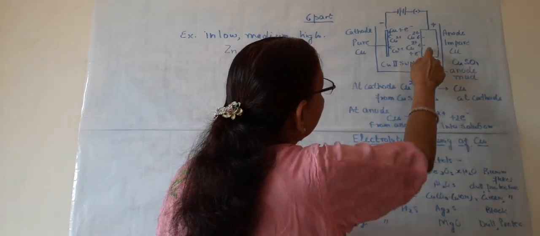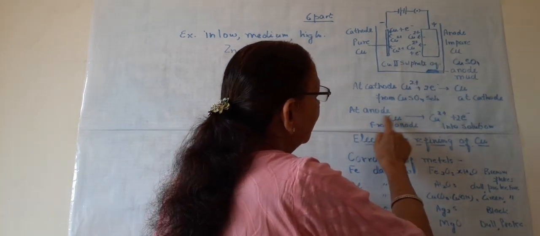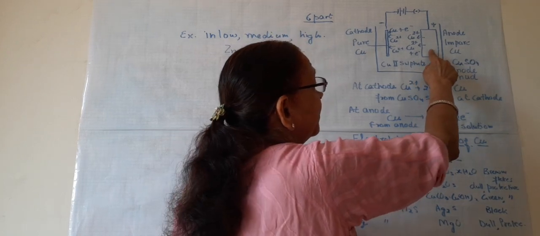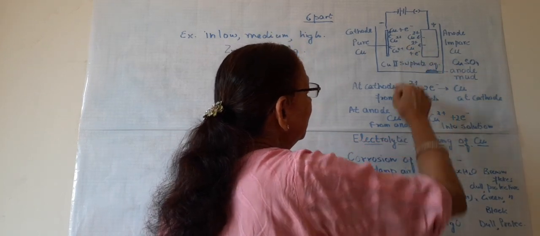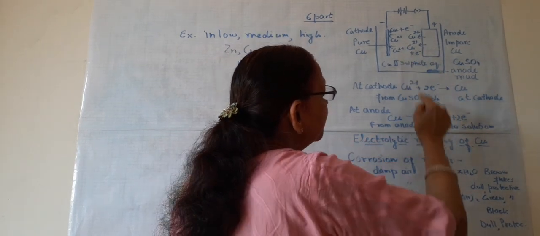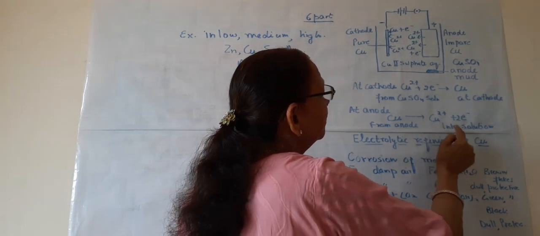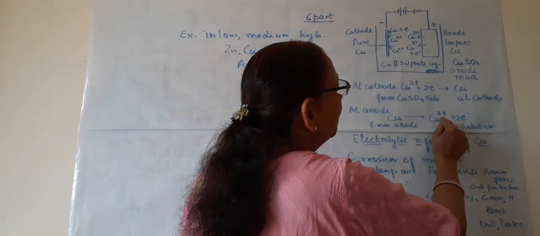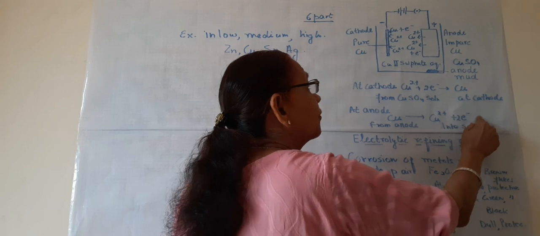And what is happening at anode? At anode, the copper is released from here, and when it comes into the solution, it breaks up into copper ion and electrons.